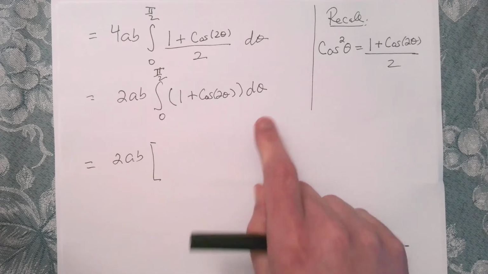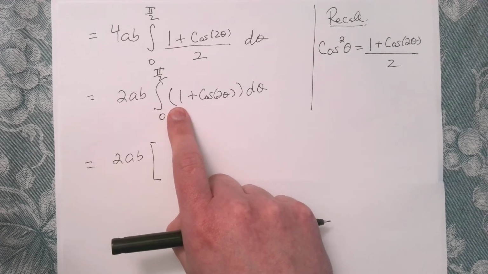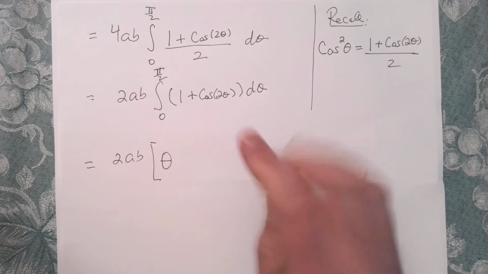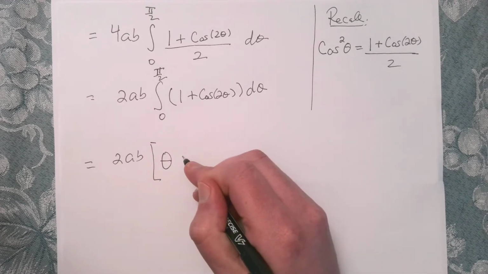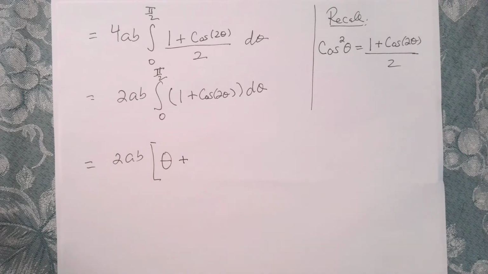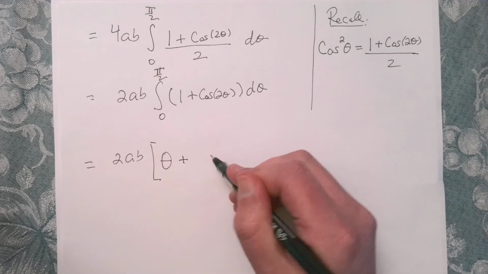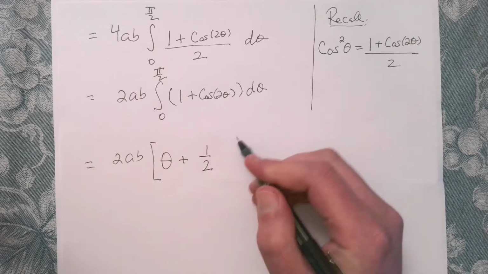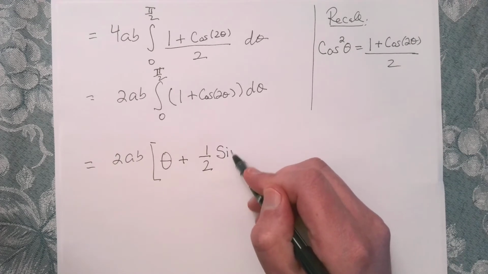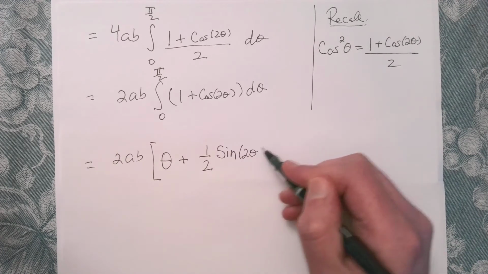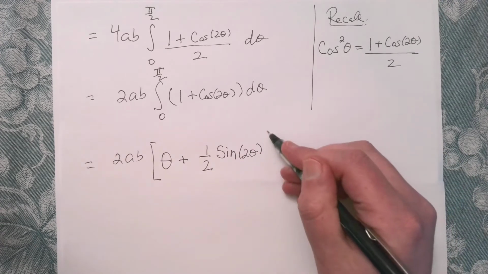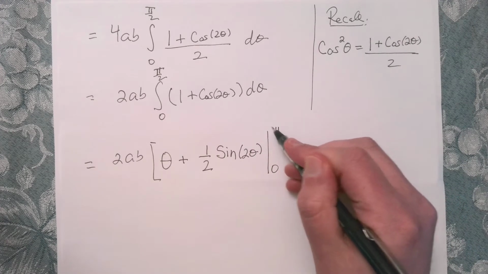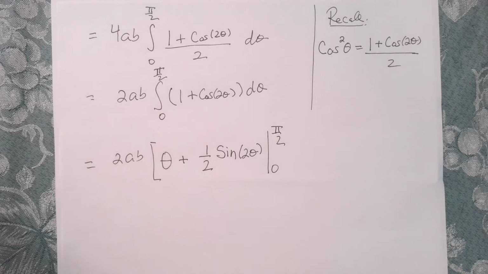Okay, so with respect to theta, the antiderivative of 1 is theta. Here we need to be careful. So essentially I've got this like anti-chain rule. So I'm going to need 1 over 2, or 1/2, the antiderivative of cosine, and of course the same angle. Evaluated from 0 to pi over 2.